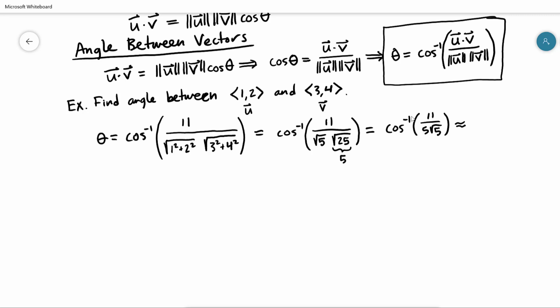So in degrees, let me make sure my calculator is in degree mode before I do this. It is. Okay. So it's going to be the inverse cosine of 11 divided by 5 root 5.